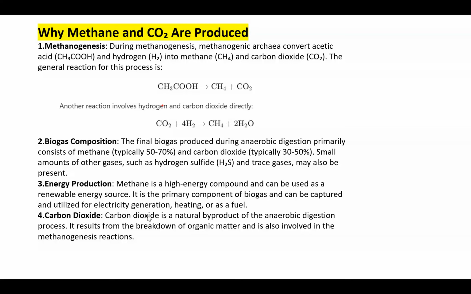But this has not been widely adopted yet. I have seen some projects that have started, where we can directly take it and fix it to the stove and use it.